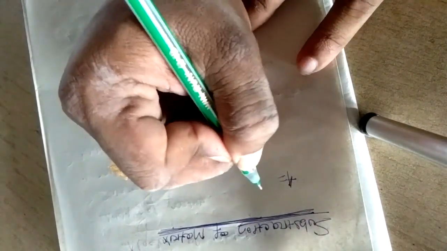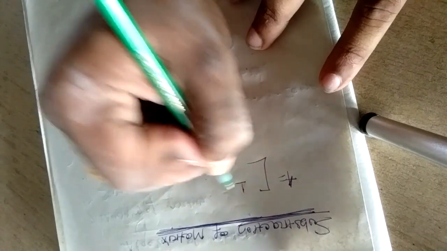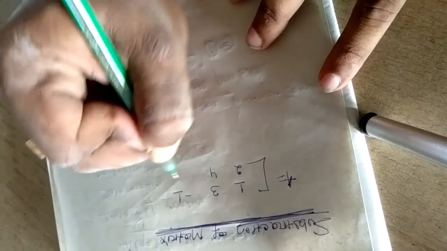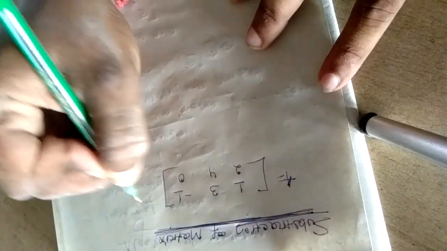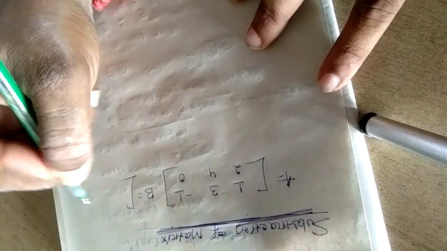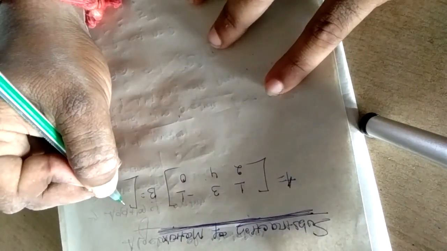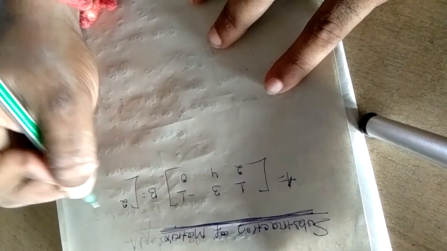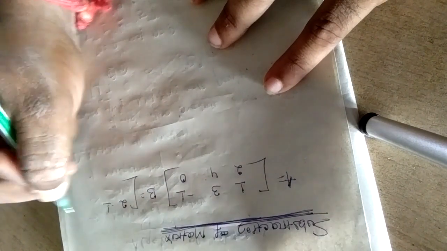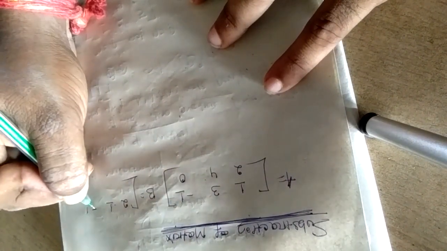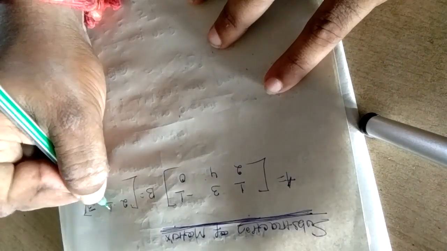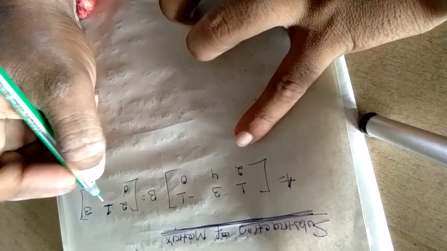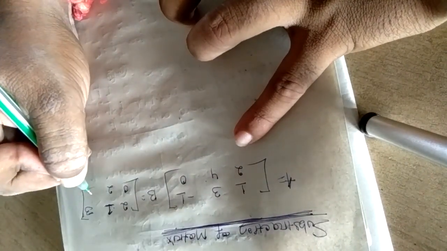If A matrix equal to 1 3 minus 1, 2 4 0, and B matrix will be 2 1 3, 0 2 1.